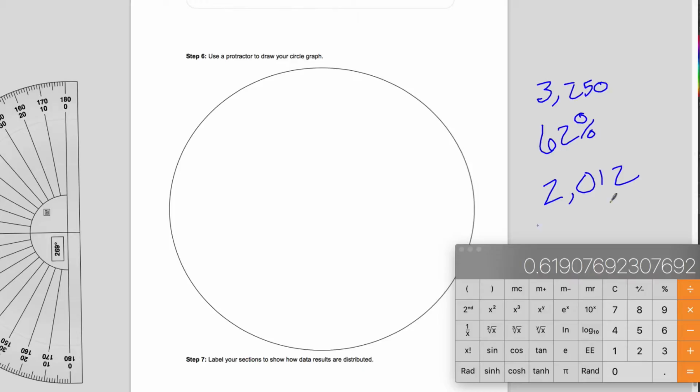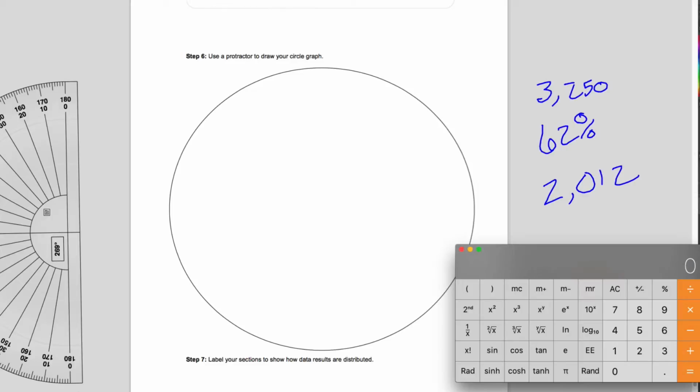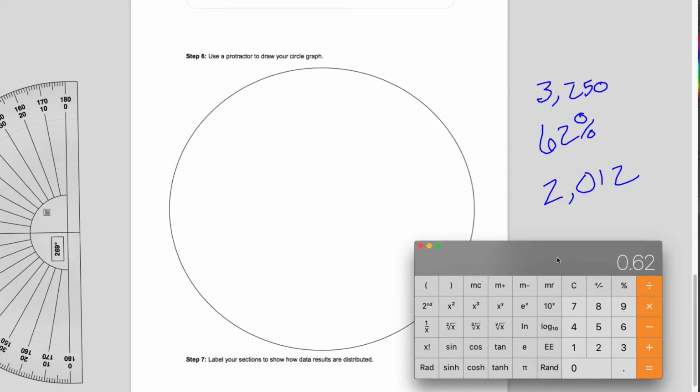Awesome. Okay, now what does that mean? Well, let's take 62%, and I shouldn't have closed that calculator. 62% in decimal form is 0.62 times, how many degrees are in a circle? There's 360.